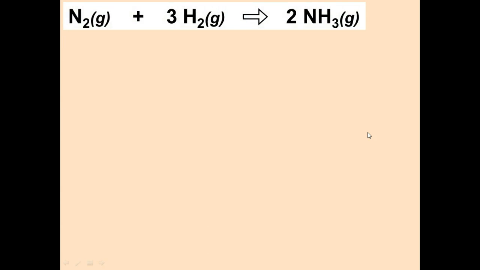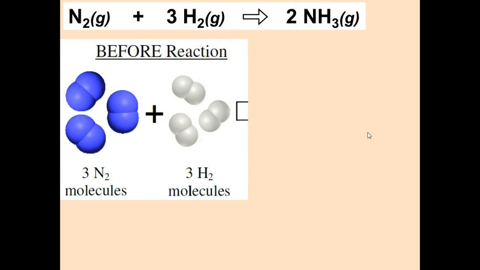Now we're going to look at a real chemistry problem, not just a car scenario. Sorry to all you car lovers out there. Here we have a diagram of these molecules.